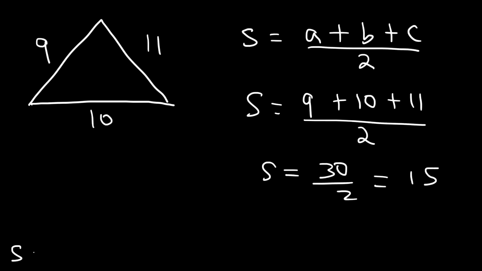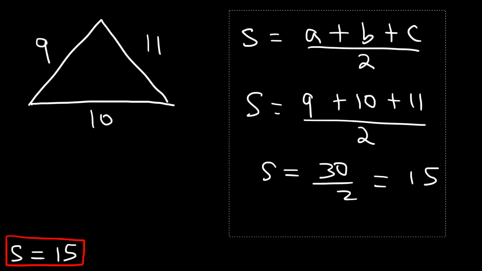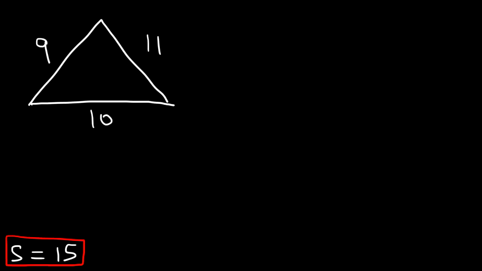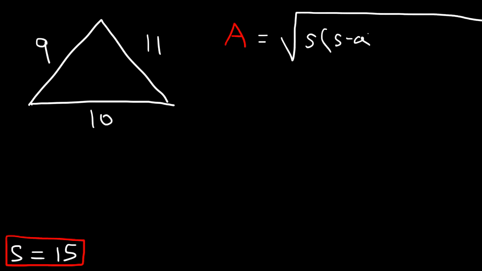So now we have the value of S. Once you find the value of S, now you can use that to find the area of the triangle. So here's the formula. The area is going to be the square root of S times S minus A times S minus B times S minus C, where A, B, C are the 3 sides of the triangle.